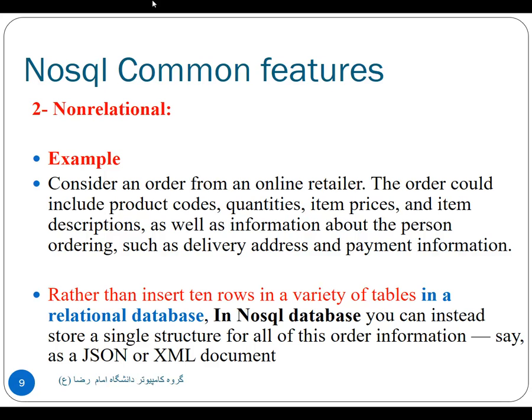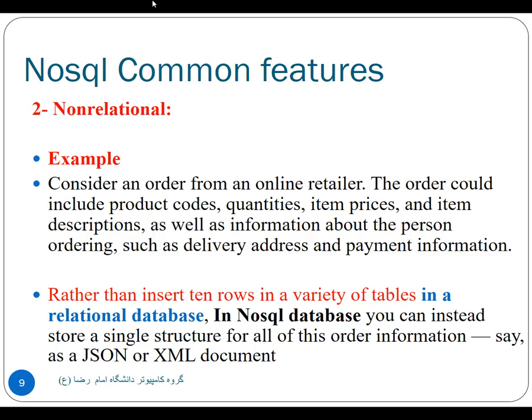Example of non-relational: consider an order form of an online retailer. The order could include some products, the quantity of each product, the price, and the description, as well as some information about the person who is ordering the product, such as the delivery address and payment information.